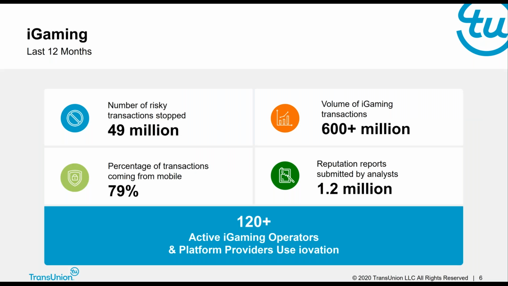Looking a little more specifically at iGaming, we have a lot of experience within this space. We work with over 120 iGaming operators and platform providers worldwide. Something I just want to call out here is the 1.2 million reputation reports.